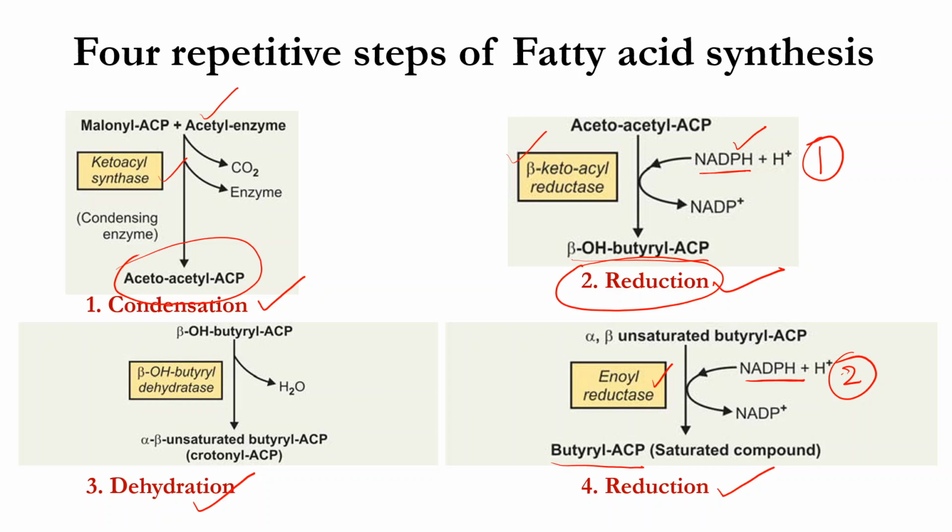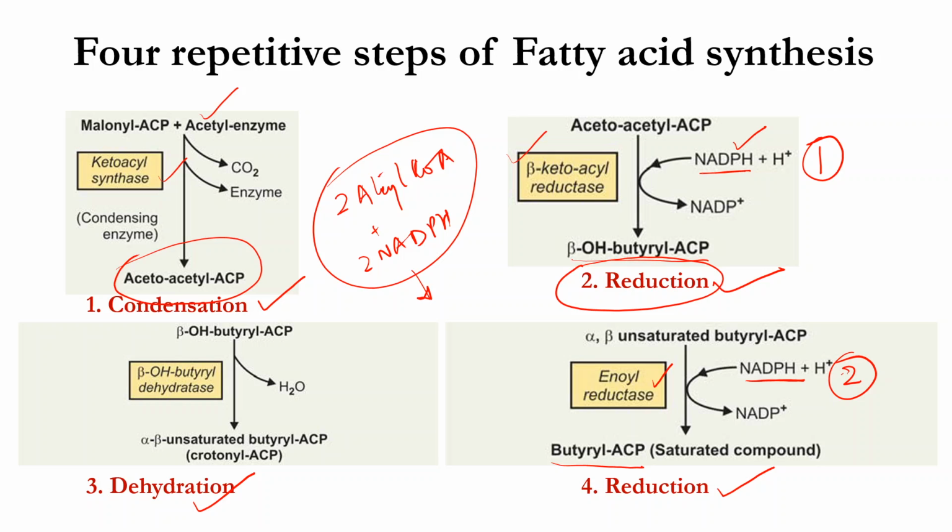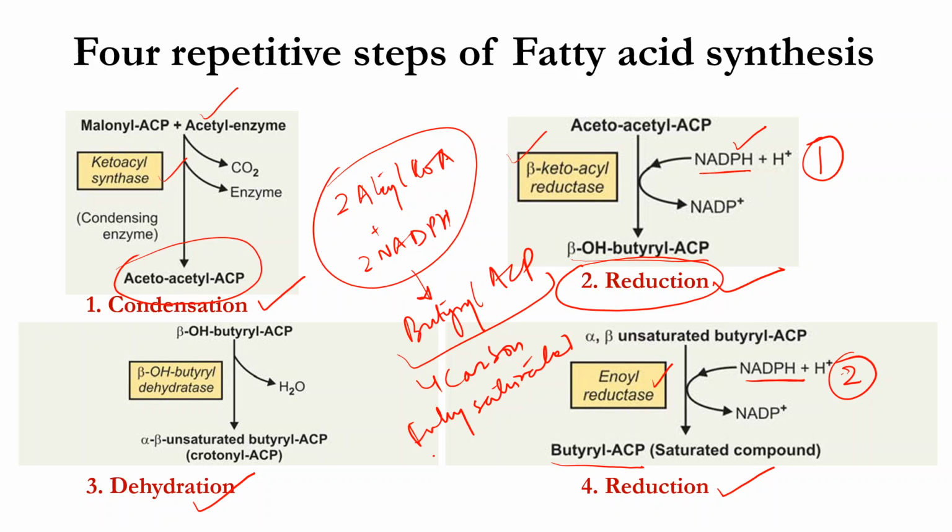If you can see here, so far 2 acetyl coenzyme A and 2 NADPH have been used, and they are bonded together to form this butyryl ACP. Butyryl ACP is basically a 4 carbon, fully saturated molecule or compound.